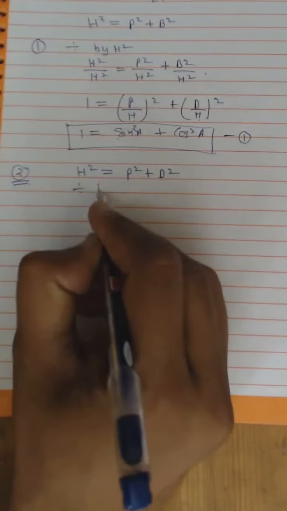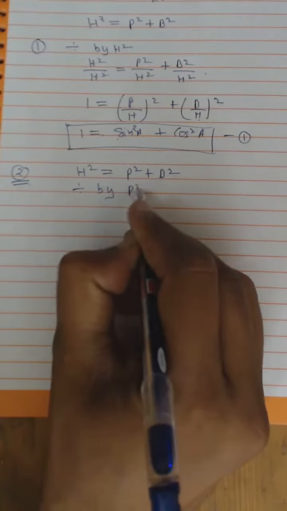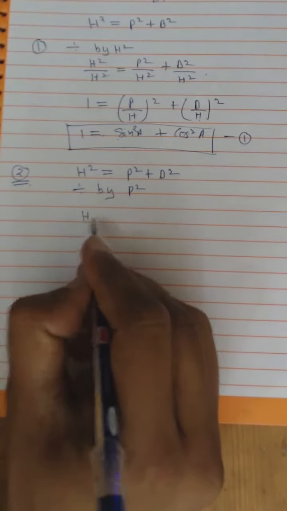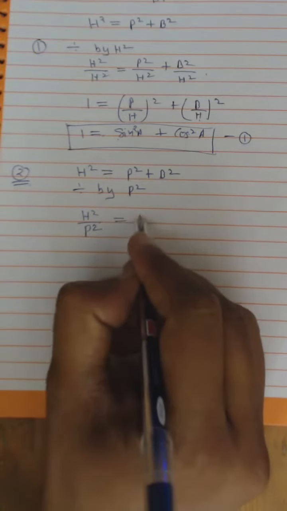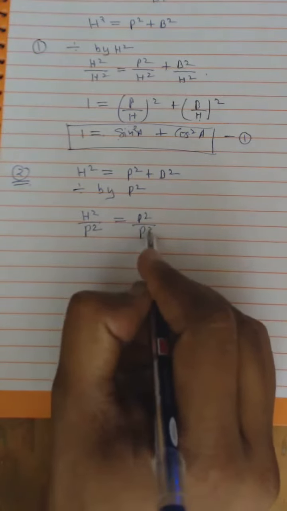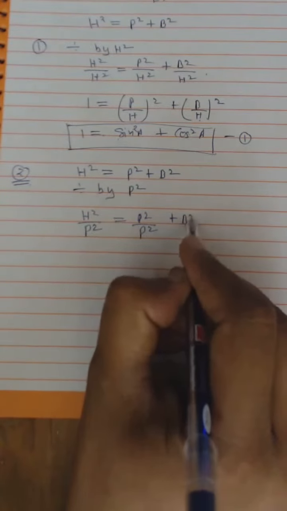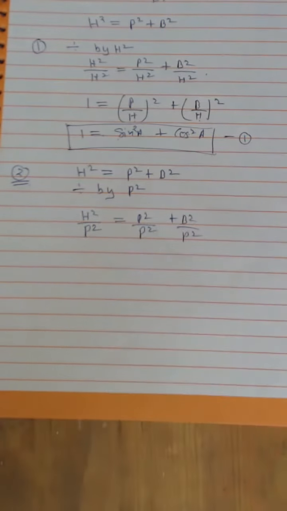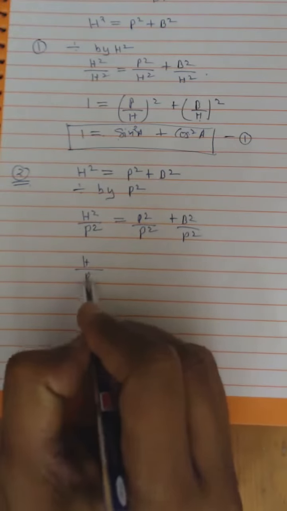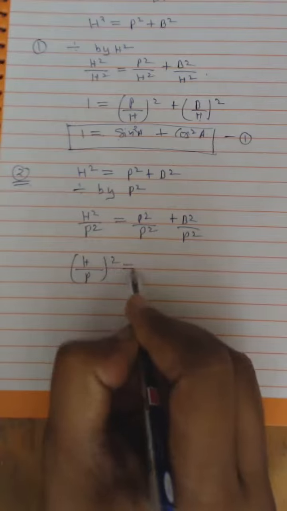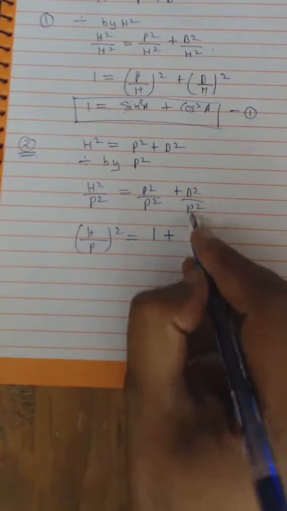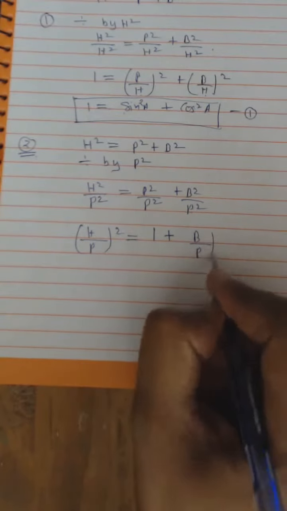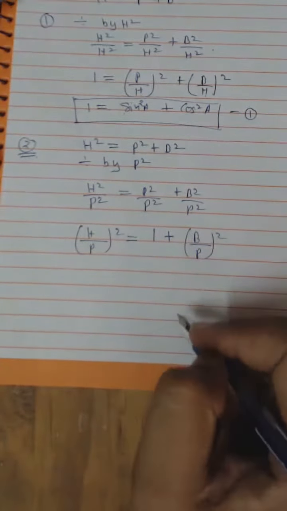If we divide the equation by p square, it will give you h square over p square equals p square over p square plus b square over p square. Now this will be h upon p whole square. p square over p square gives you 1. b square over p square gives you b over p whole square.